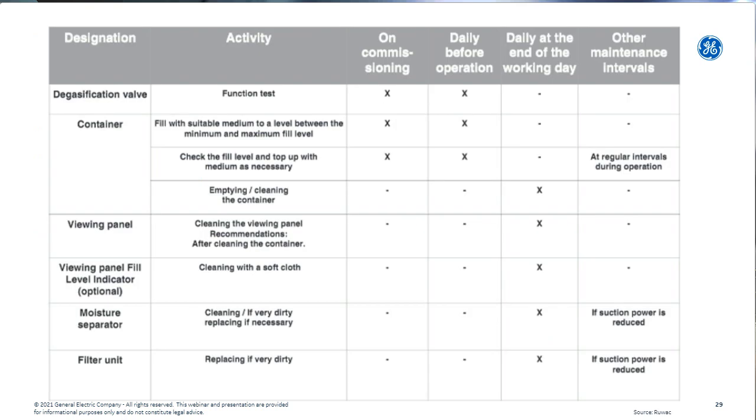As I already said, it's quite important to follow the manufacturer maintenance guidance here, and I took out of our wet separators that we utilize for our machine here the maintenance manual.